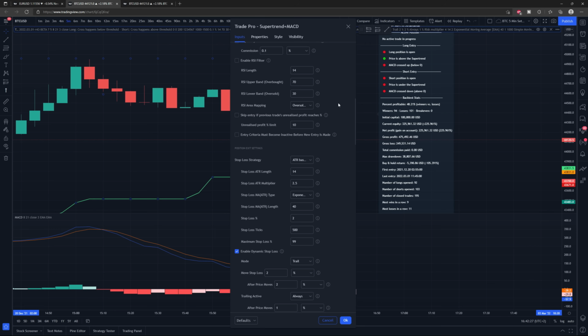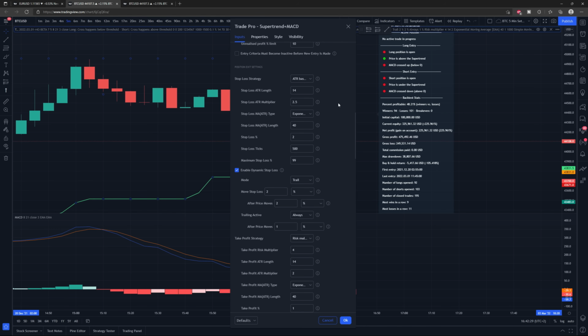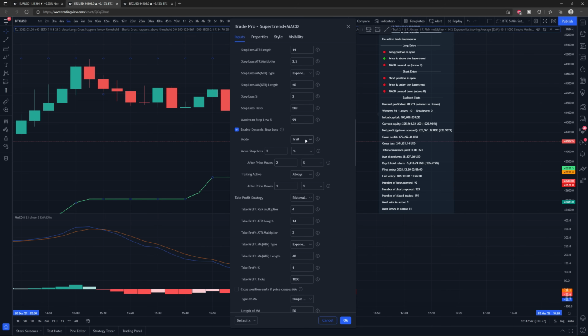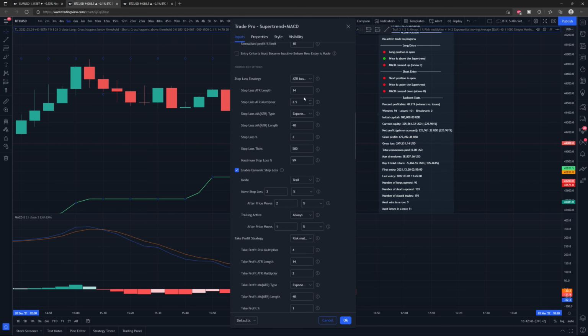Now let's move on down to probably the most important section here, which is the stop loss strategy, the ability to enable a dynamic stop loss, so trailing stop loss, moving the stop loss to break even, or whatever you would like to happen, and also the take profit strategy. So we'll start up top here with the different methods for stop loss placement.